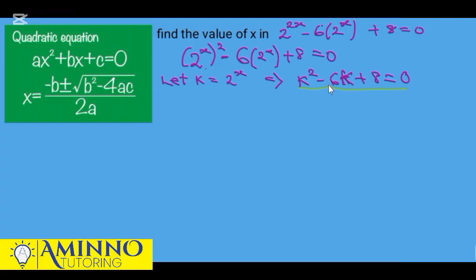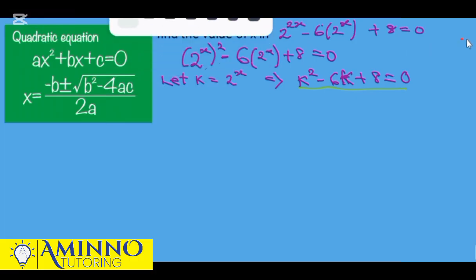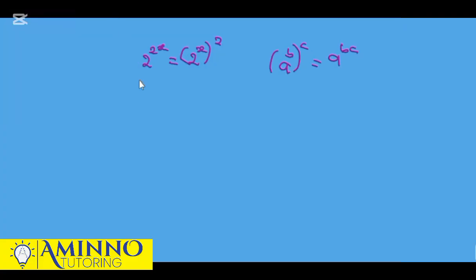So if you check that you cannot factorize, the next alternative you have is to use the formula method, or you use the completing the square method. But this very quadratic equation can actually be factorized. Now, what do you do when you want to factorize a quadratic equation? This is what you do. What we have is k squared minus 6k plus 8 equals 0.